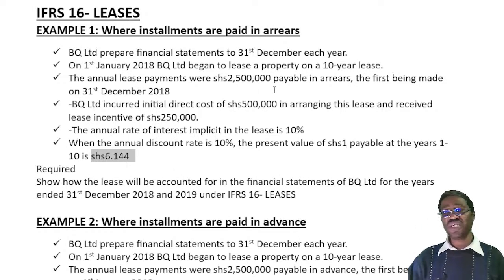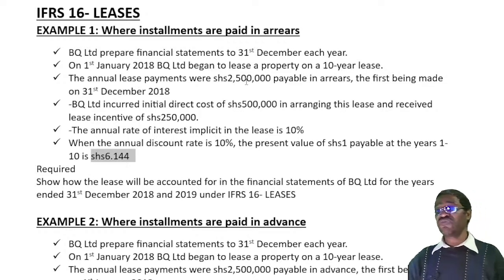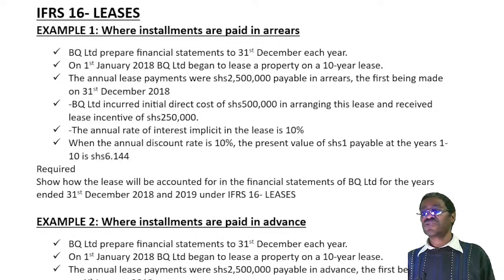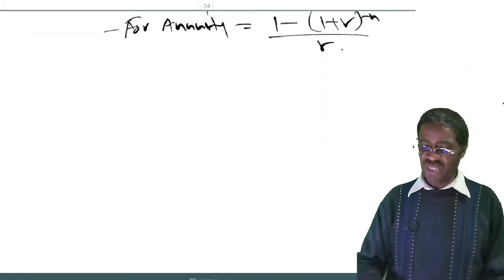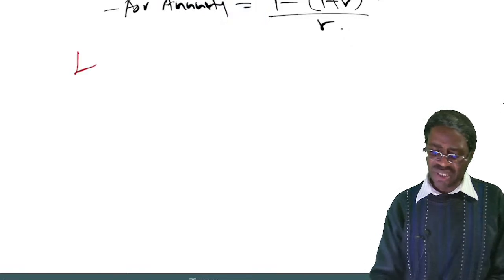The other issue is, I just take the present value of 2.5 million, multiply by that. Okay, let's do it. So let's get the present values. Let's put down example 1. That's the one we want to do now.